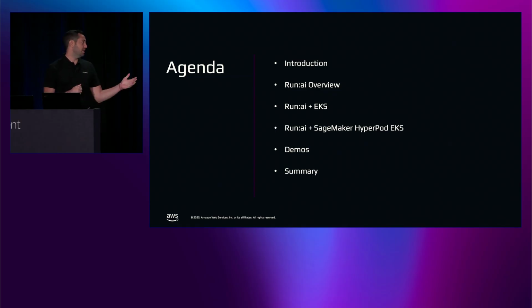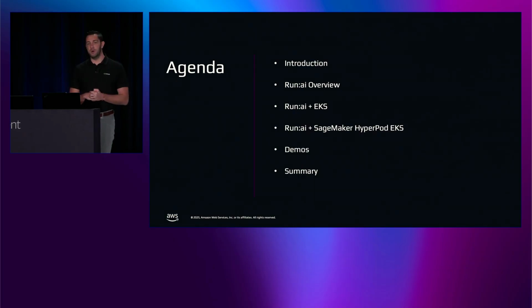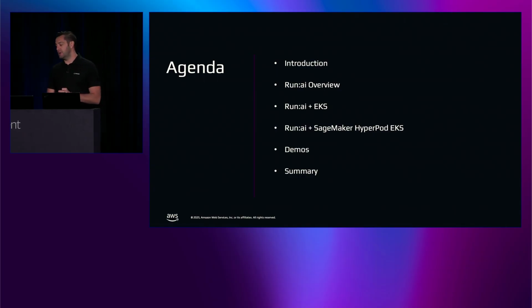Then we'll spend a lot of time in our demos talking about the integration and cohesion between Run AI and SageMaker HyperPod. We have quite a few customers on both products today, and I'll talk about how customers are using the products, some of the value, and how they work seamlessly together to drive the best compute experience when consuming GPUs within AWS. Then I'll wrap it up with a few summaries and some other things that the Run AI and AWS teams are working on.